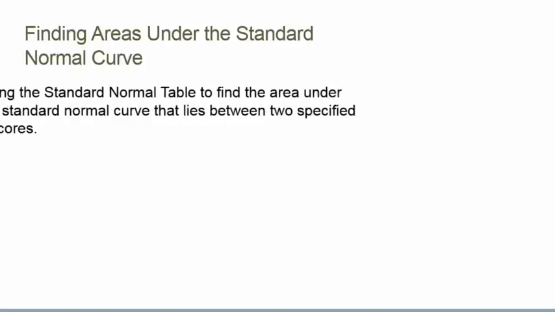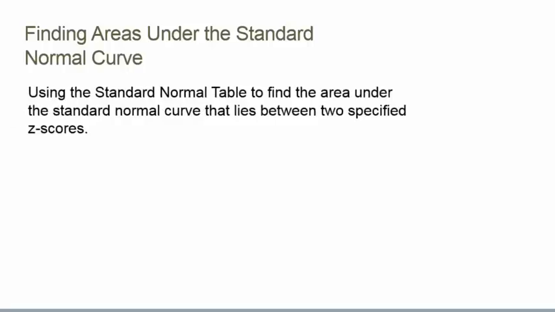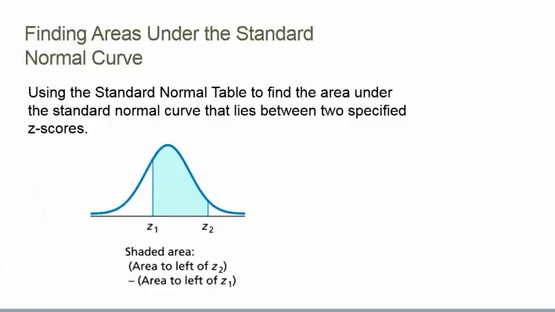Finding areas under the standard normal curve. Using the standard normal table to find the area under the standard normal curve that lies between two specified z-scores. We have our standard normal curve, but this time we have two spots on our horizontal axis, z1 and z2.